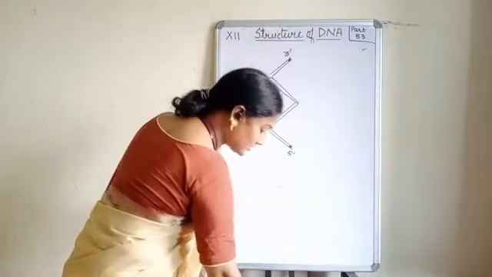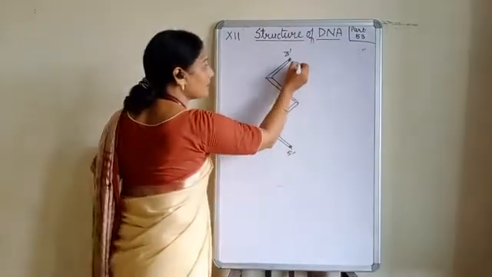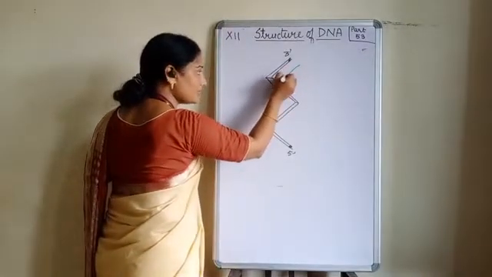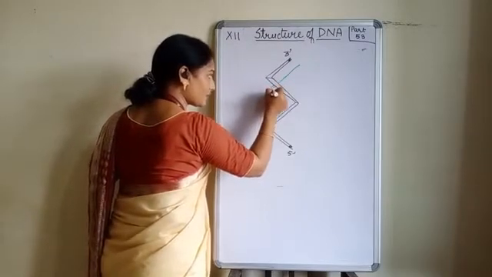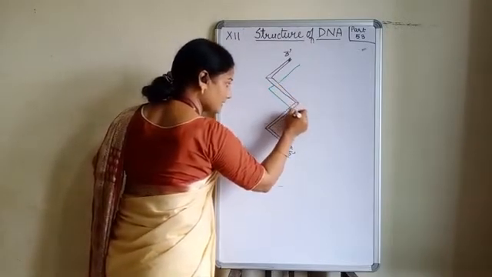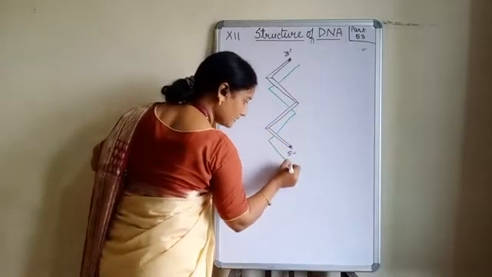As I told you, this is the double strand structure. So we can draw one more strand. Now suppose I am drawing this second strand. Like this.